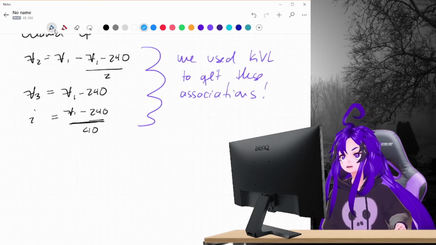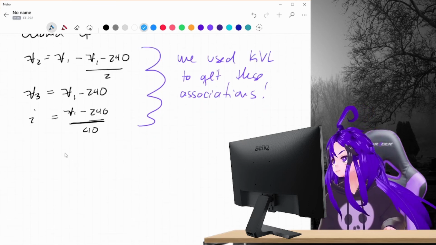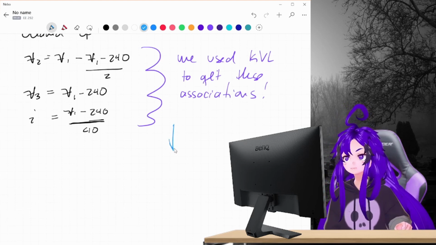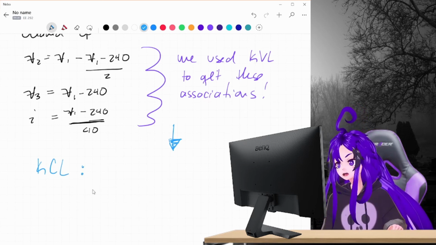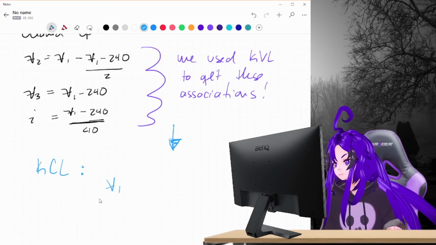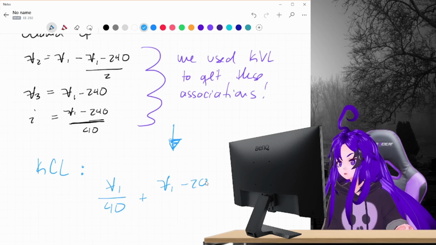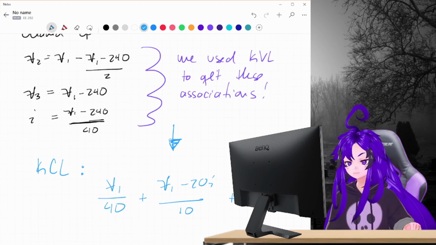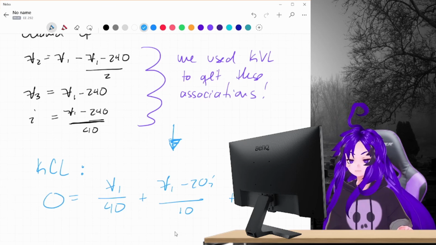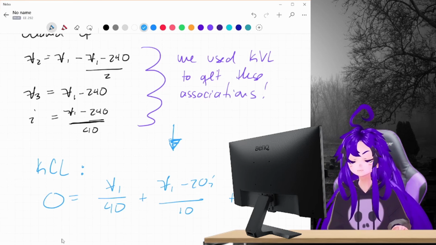All right, so once you've got these, you're going to put them into the Kirchhoff current law that we got, which was V1 over 40 plus V1 minus 20I over 10 plus V1 minus 240 over 40 equals 0. So you're going to put these in here, solve for it, and get the solutions.